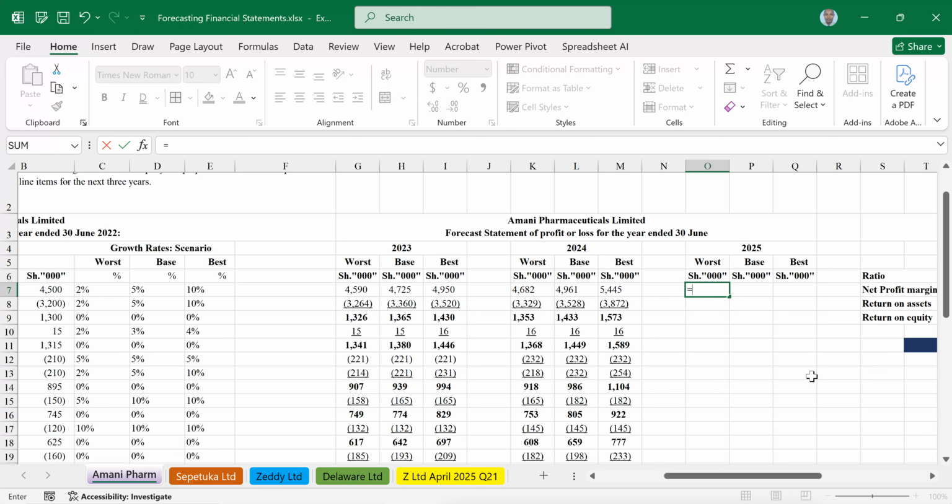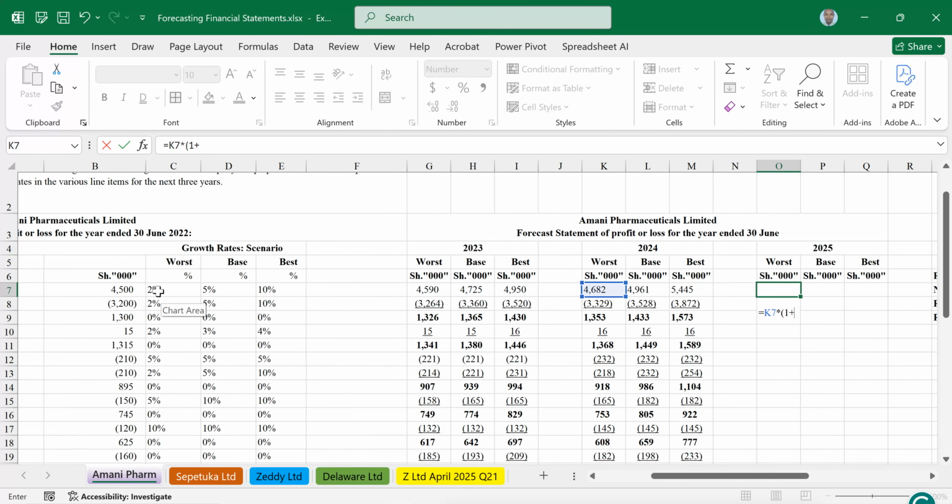That will be equal sign. Click on the revenue under worst for 2024 times, so that should be an accurate one. Don't lock, open bracket, 1 plus. Click on the growth rates. We have growth rate of 2%, the growth rate scenarios of 2% here. Close bracket.